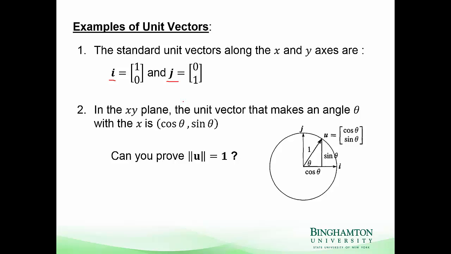The i and the j have nothing to do with complex or imaginary numbers, where those letters are also sometimes used. Notice that these are kind of the axis vectors, right? If we have a two-dimensional space with these axes, i lies along this axis and j lies along the vertical axis.